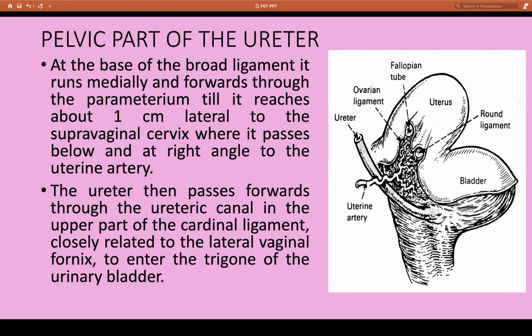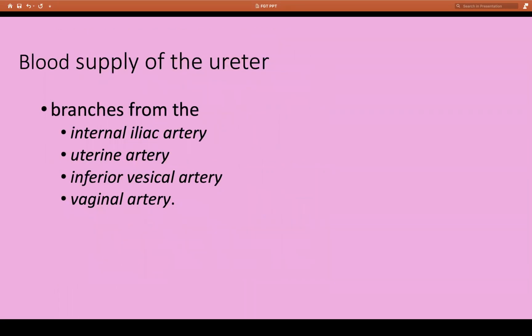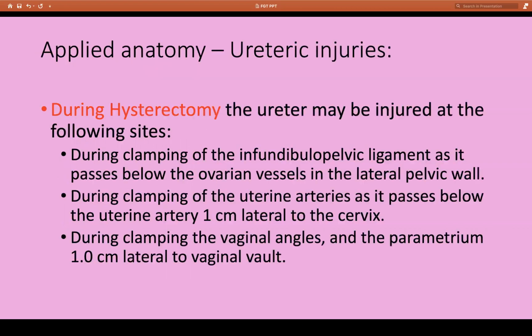And third is the cervical stump, when we are separating the cervix from the vagina, or removing the cervix and ligating the cervical stump at the lateral fornix. So these are the three places where we can injure the ureter, and we should be very careful. Its blood supply, wherever it travels, comes from the internal iliac, uterine artery, vesical, and vaginal arteries.